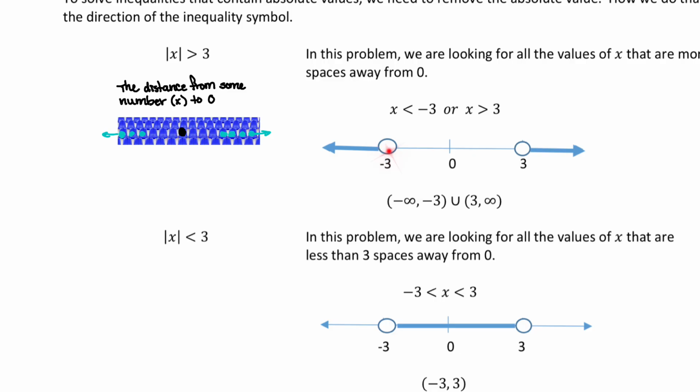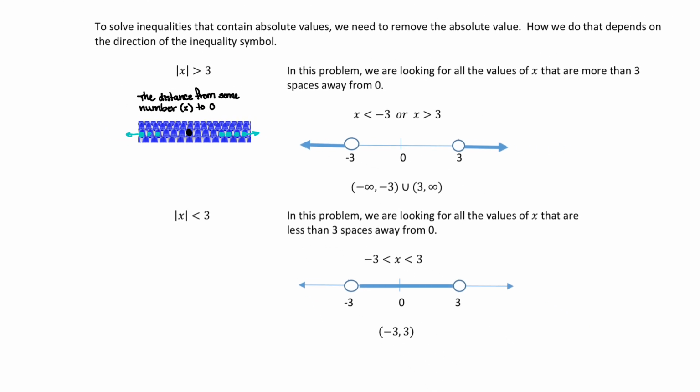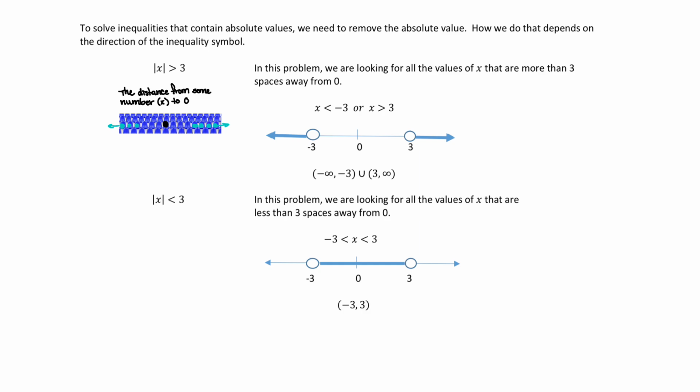So it's open at 3 and out, okay? Because the distance has to be greater than a certain number. Okay, so that explains this part and this part, and that's it. We'll get back to the others here in just a second.